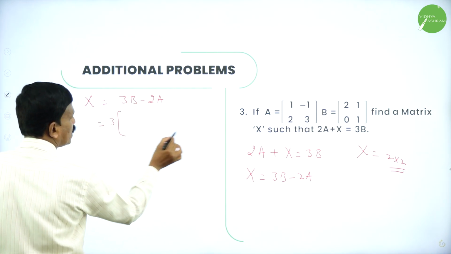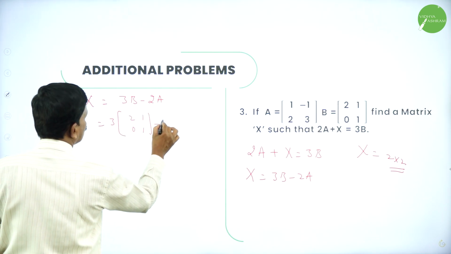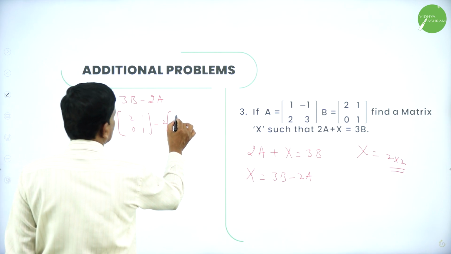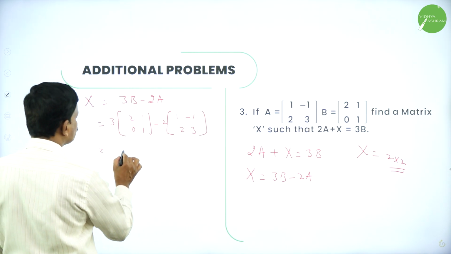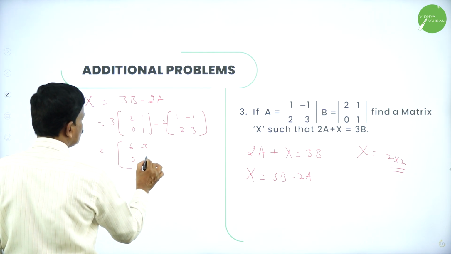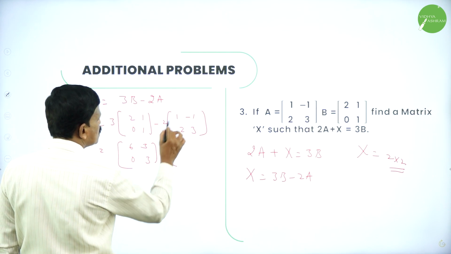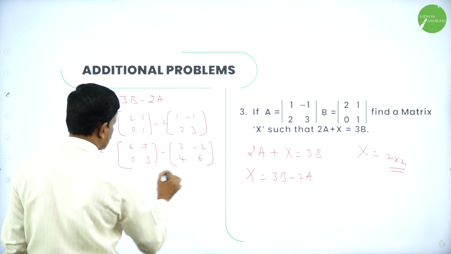So 3 into matrix B, what is B? [2, 1; 0, 1] minus 2 into A, [1, -1; 2, 3]. Simplify this. Multiply by 3: 3 2s are 6, 3 1s are 3, 0, 3 1s are 3. Minus 2 1s are 2, 2 minus 1s are minus 2, 2 2s are 4, 2 3s are 6.